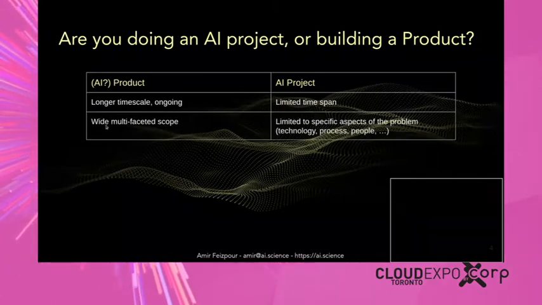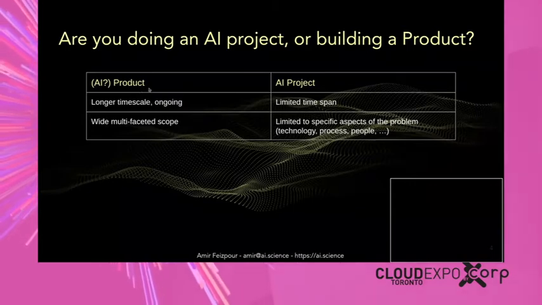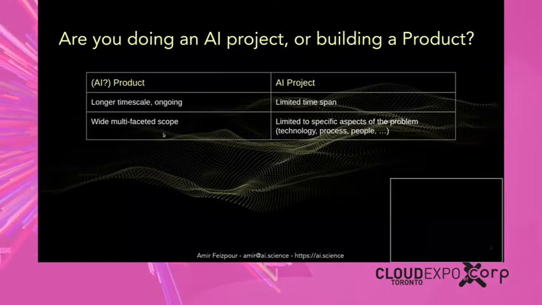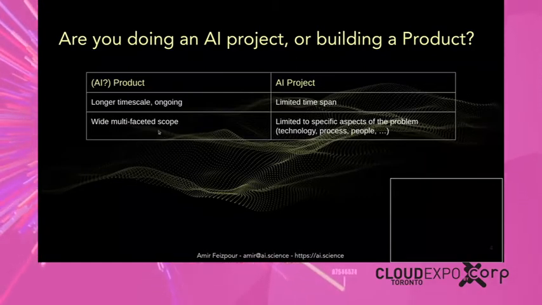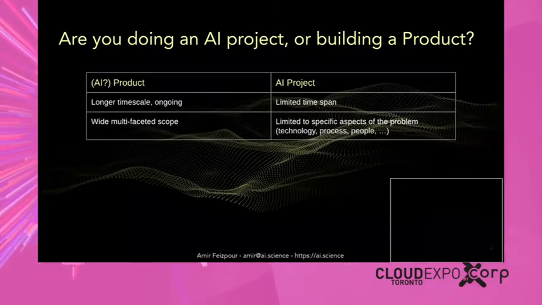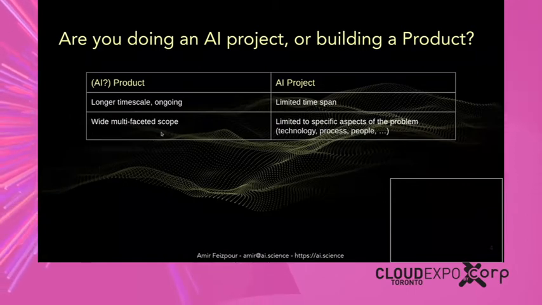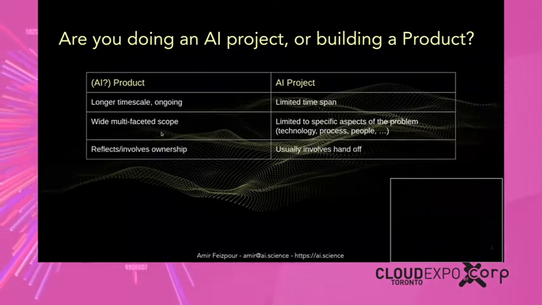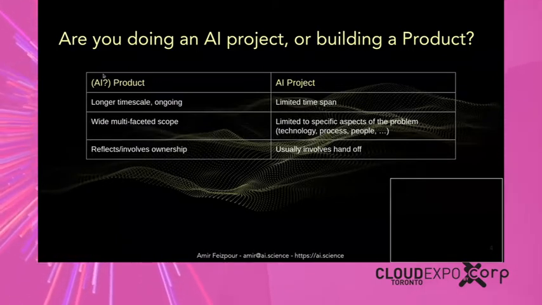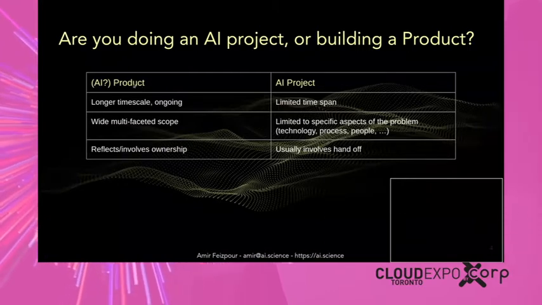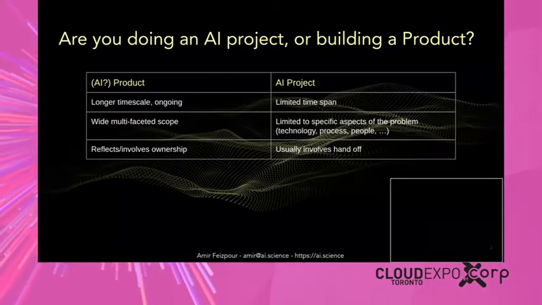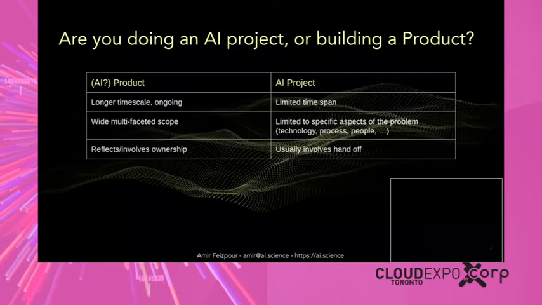Another important thing is when you're dealing with products, it's not only about the model and the data that comes to it and the data that leaves it, but rather about everything around it, like what the users want, how can they use it, can they actually use it, what kind of benefit are they getting from it, etc. And another interesting aspect that is usually not talked about enough is how building a product means that there are multiple components of the work that you're doing that are owned by you, rather than just doing some work and then handing it off to someone else.